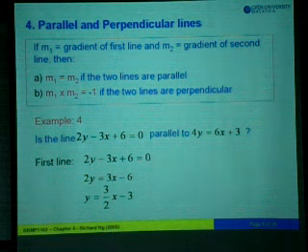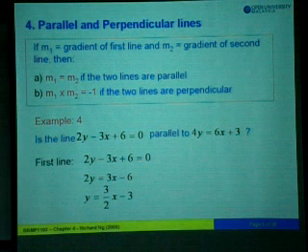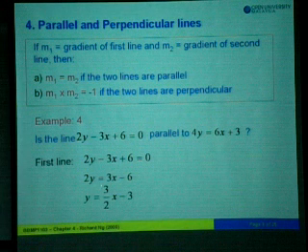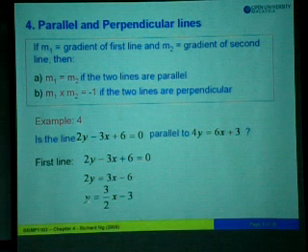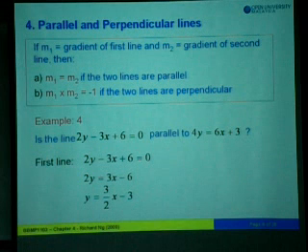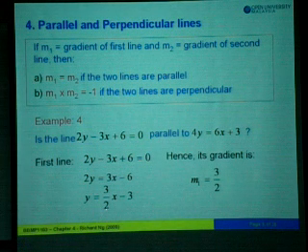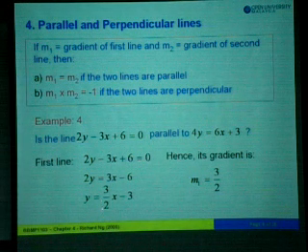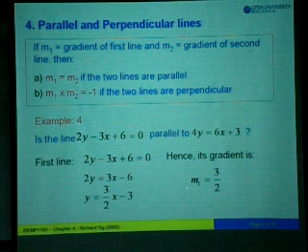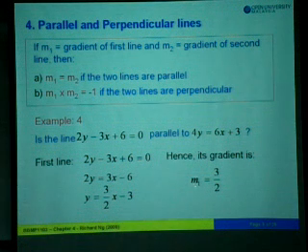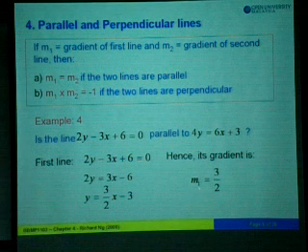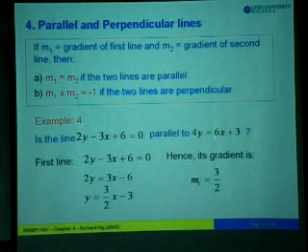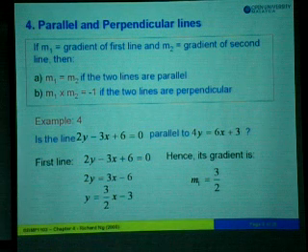For the first line, 2y minus 3x plus 6 equals 0, we will first change it into the general format, which is y equals mx plus c. From here, we can see that the value of m will be 3 over 2. So let's say the gradient for this first line, m1, is equal to 3 over 2.